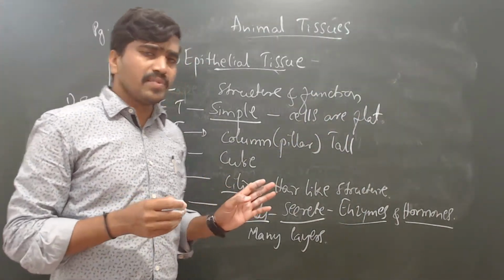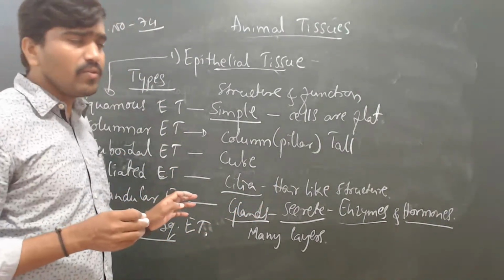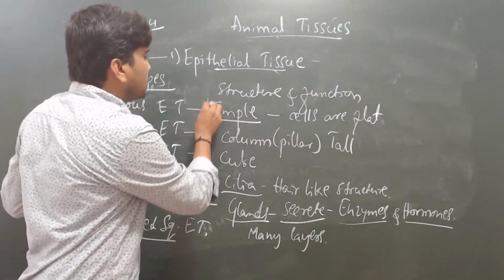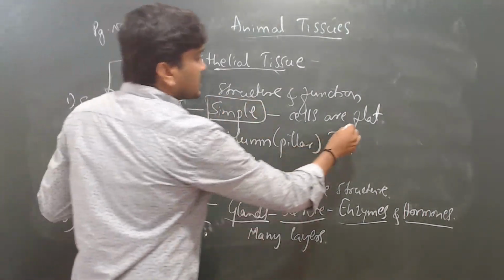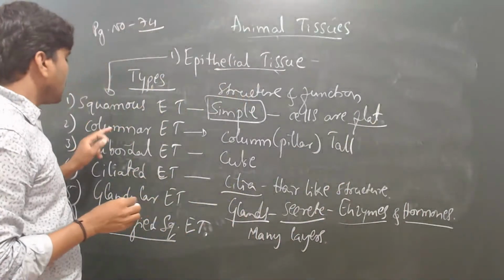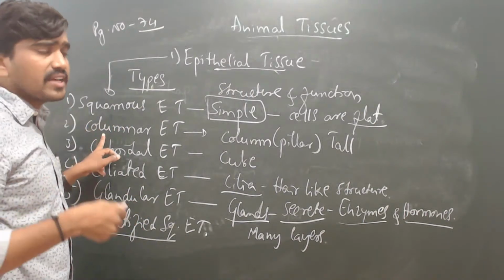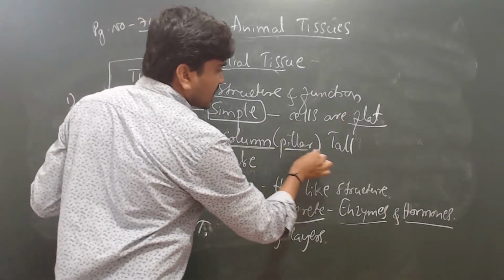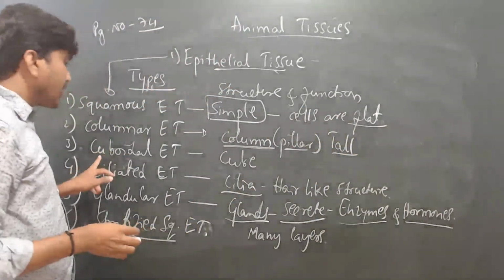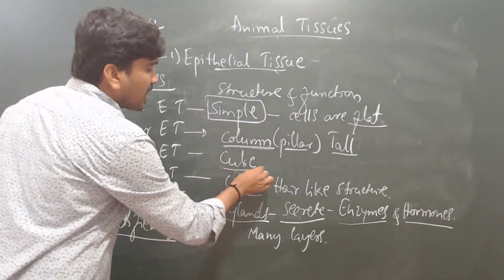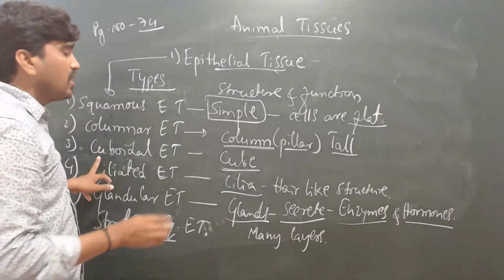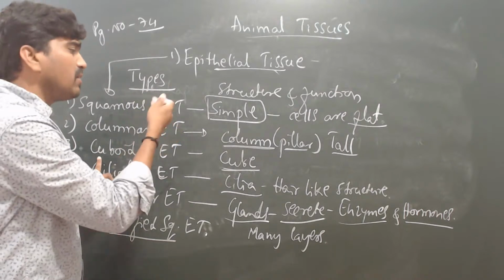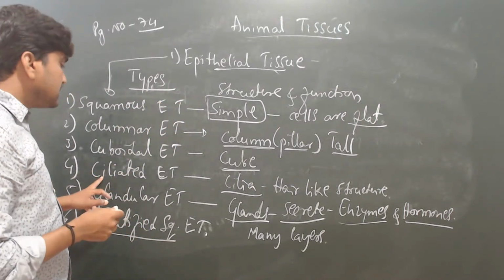Just to remember, I will explain one by one clearly now. First one, squamous. Squamous means simple in structure. Cells are flat. Columnar itself, the name says the cells are in column-like structure, pillar-like structure. They are tall. Cuboidal, cube-like structures. Remember, okay. After that, I will explain where it is present, means location in our body, and what is the function of this one.